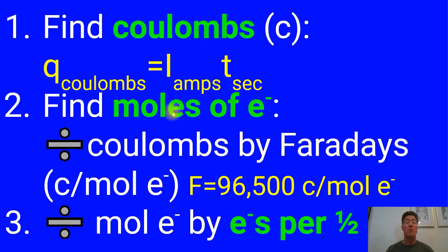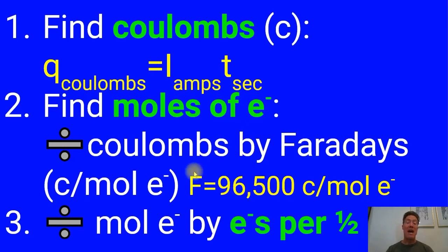Once we have the coulombs, we're going to find the number of moles that we have. Remember, coulombs are number of electrons, and each coulomb is about 1/100,000th of a mole. So now we need to find the number of moles. Well, then we're just going to take our total number of coulombs and divide it by Faraday's constant, which is 96,500. And that will tell us the number of moles of electrons transferred.